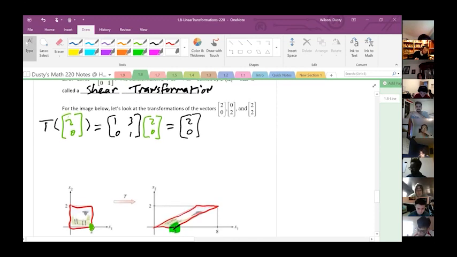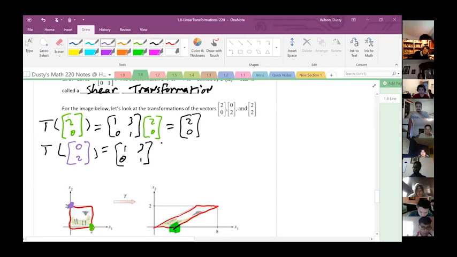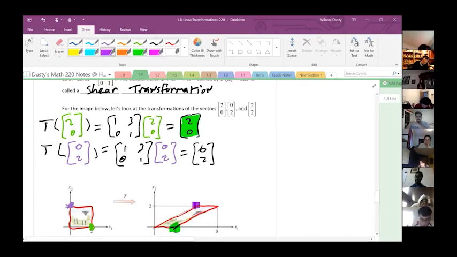Okay. What if we look at the next point? This is going to go to looks like 6, 2, this would be this point right here.